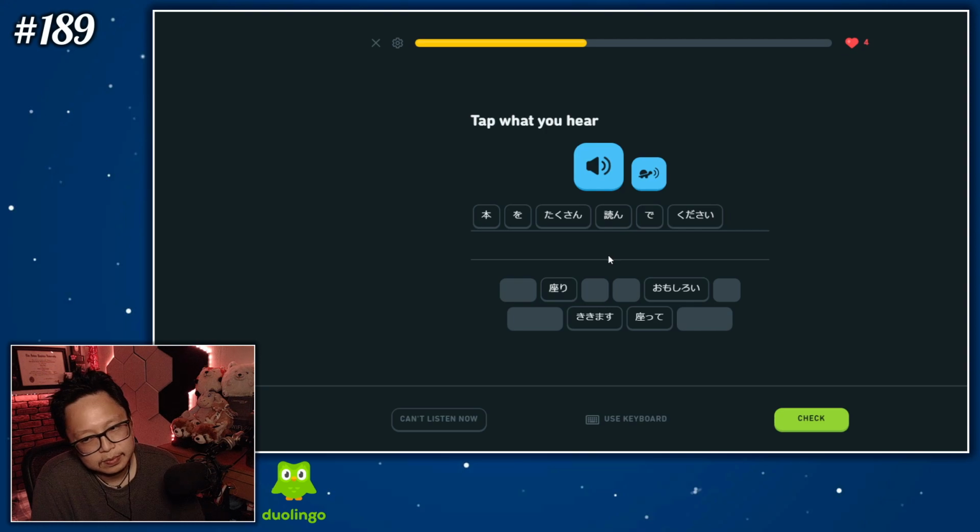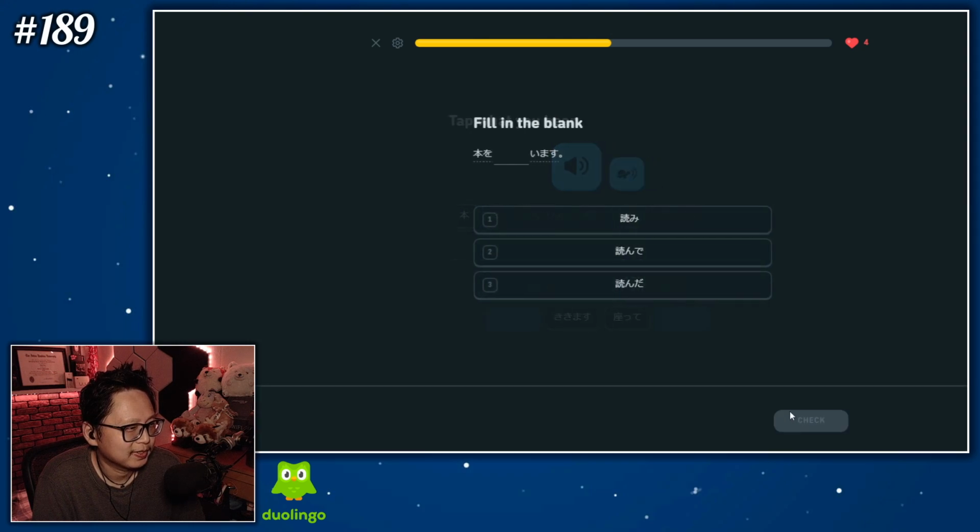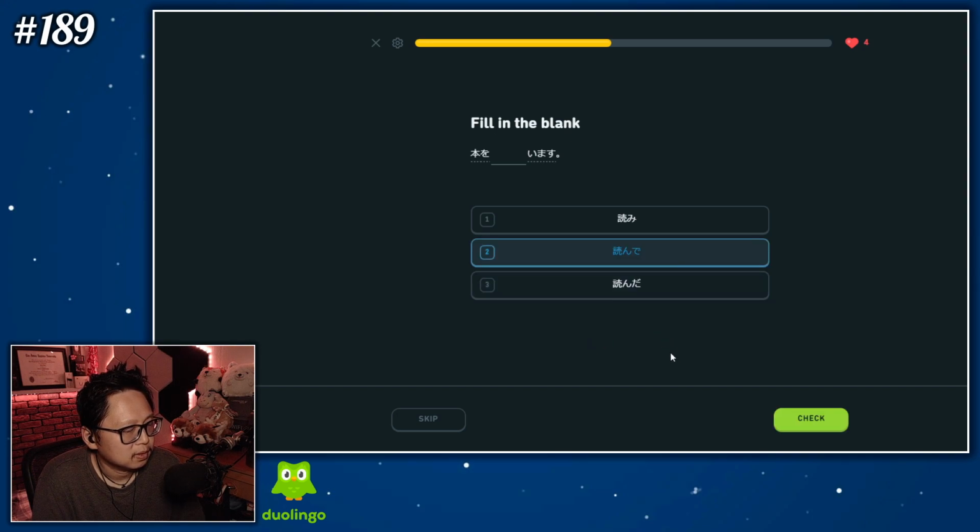Okay, that's a little... But okay, I guess that's a request. 本をたくさん読んでください。Please read a lot of books. This is more common, that I would use the te form. 本を読んでいます。I'm reading a book.